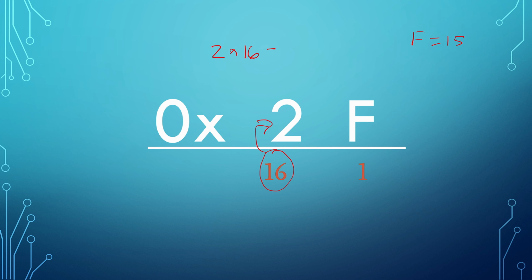So 2 times 16 is 32. Then we add them up. 32 plus 15 is going to be 47. So 0x2F is 47.